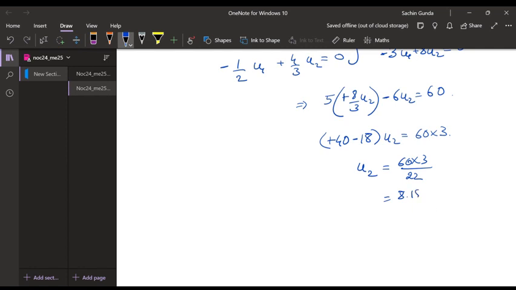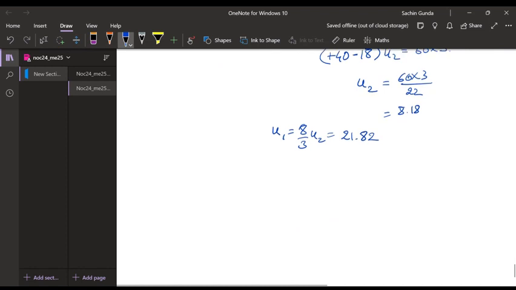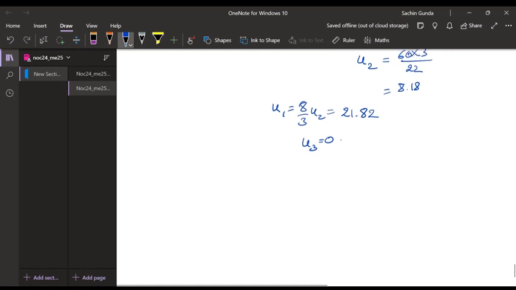It's coming as 8.18. So u1 is 8 by 3 times u2, 21.82, and u3 is 0. So these are the FEM solutions.